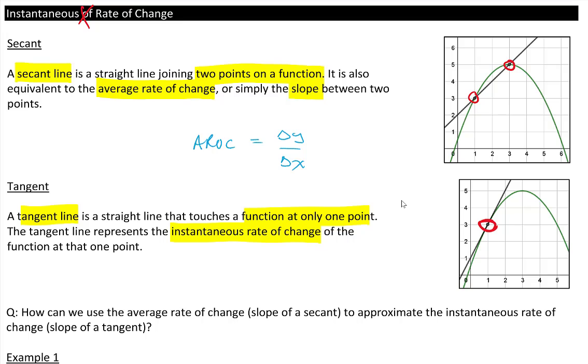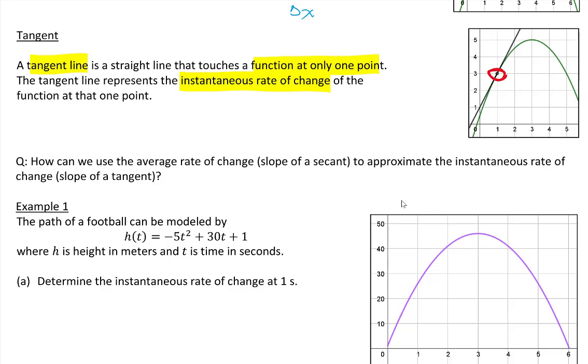Since our slope formula requires 2 points, we cannot find the instantaneous rate of change or the slope of the tangent line using that formula. How can we use the average rate of change or slope of a secant to approximate the instantaneous rate of change or slope of a tangent?